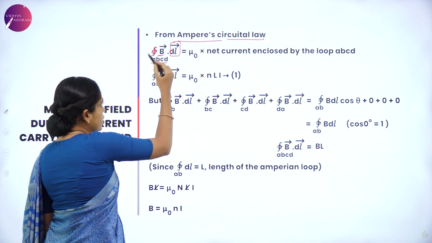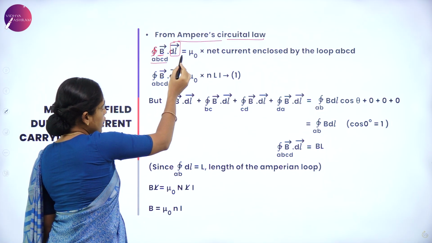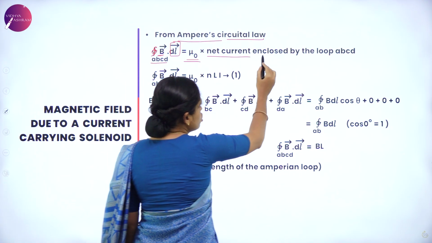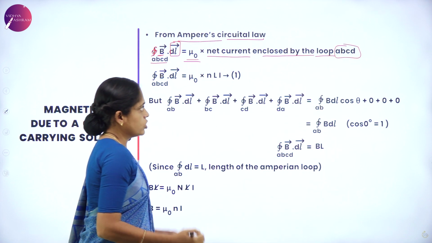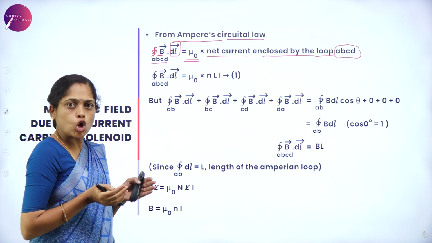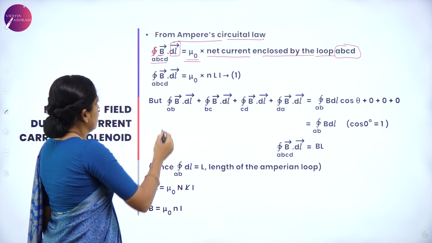The dot product between these two vectors is equal to mu naught times the net current enclosed by the loop, that is ABCD. The net current means the total current enclosed by the closed path ABCD.